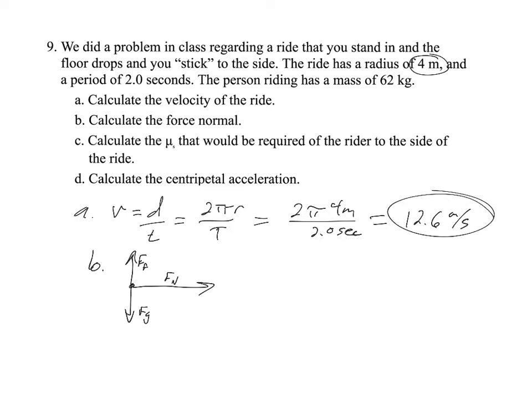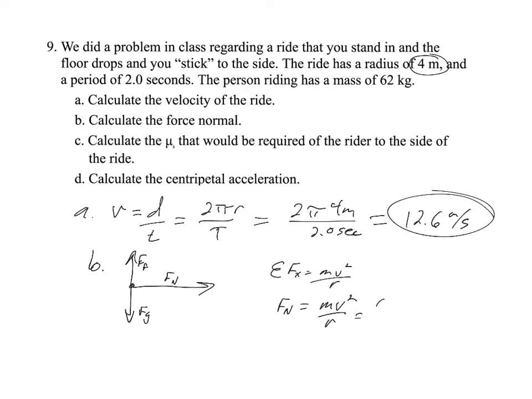So the force normal is the only force accelerating it. So we could go to the x direction and say sum of the forces in the x equals mv squared over r. And we know the only force is that force normal, mv squared over r.